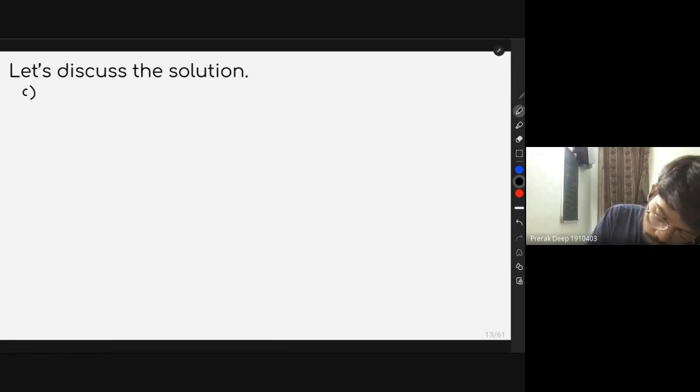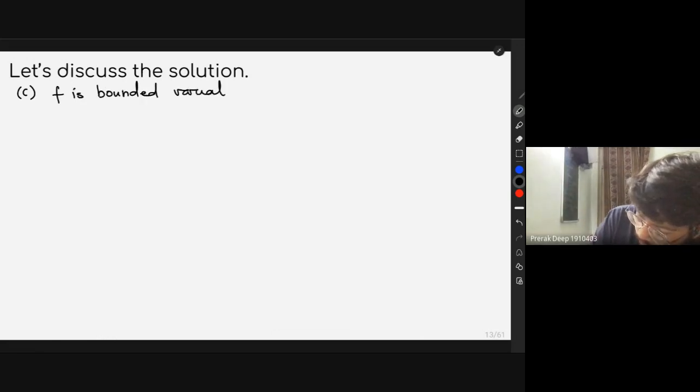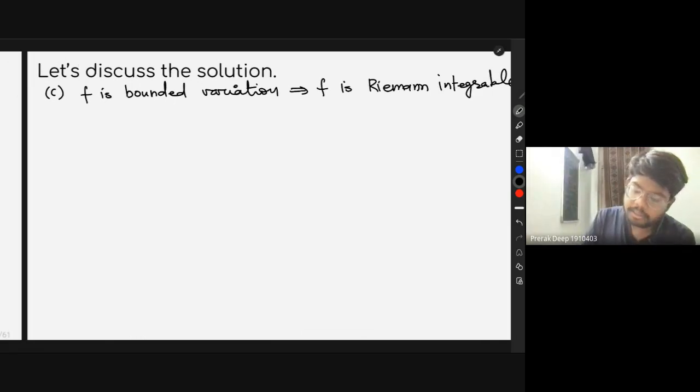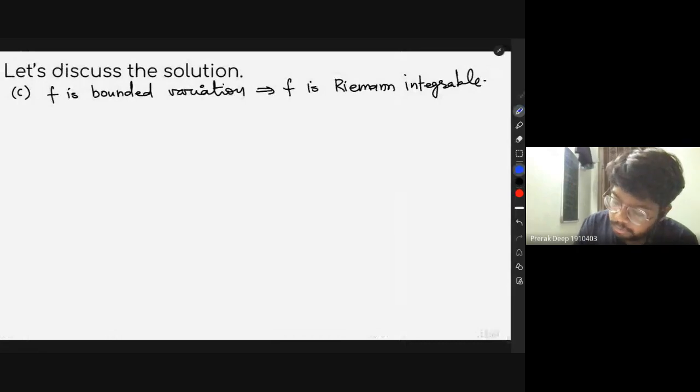So C: f is of bounded variation implies f is Riemann integrable. So what is the definition of Riemann integrable?